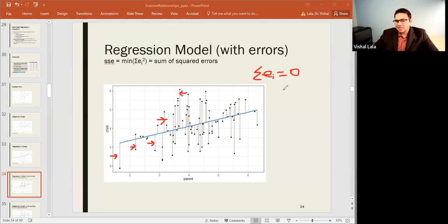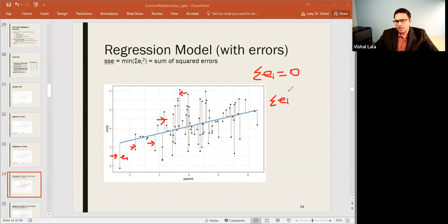Another one is that if you were to square every one of these errors you see, so say E1, E2, this distance is also known as E, or error. If you were to square every one of those elements, E1, E2, E3, and then add them all up, so E1 squared plus E2 squared plus E3 squared, you represent that in short form as the sum of all these squares, so sigma Ei squared.